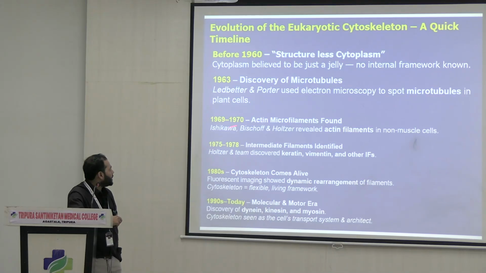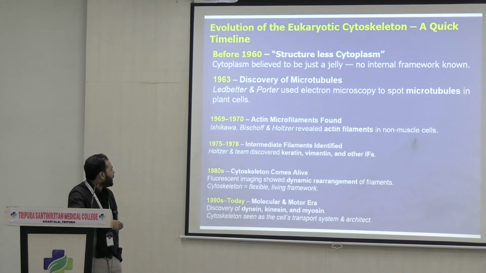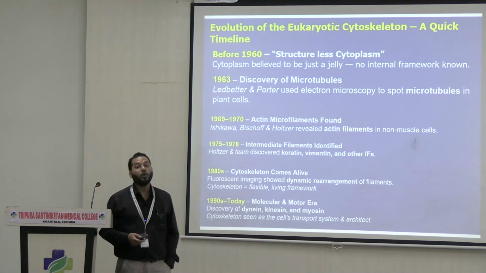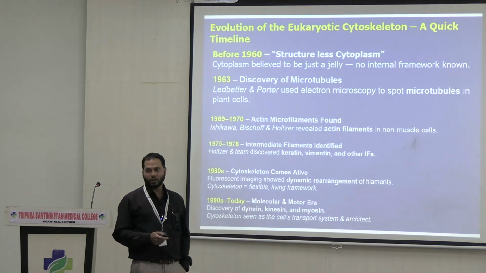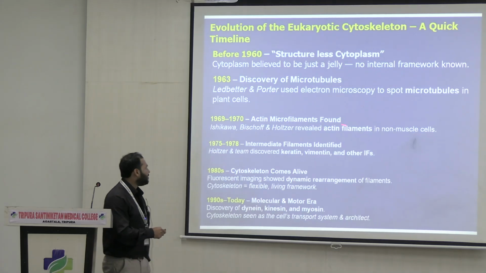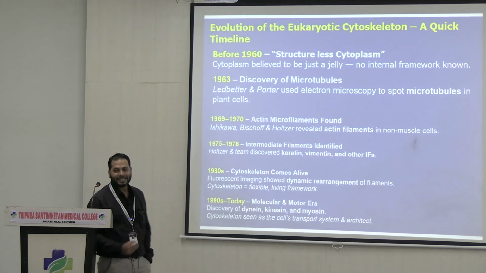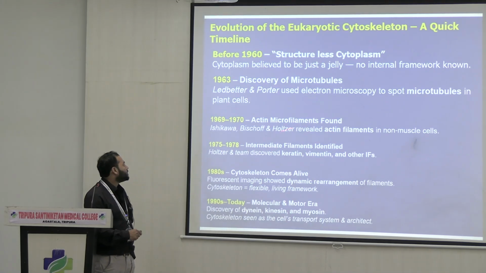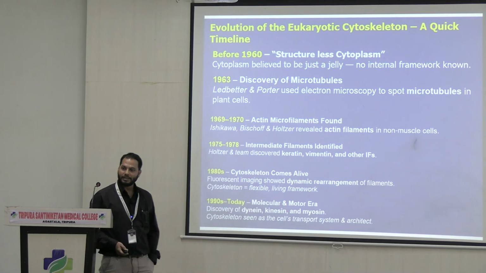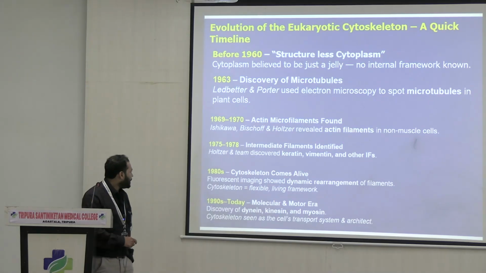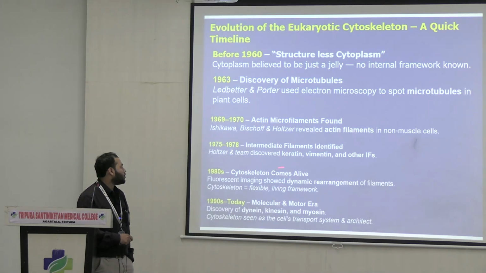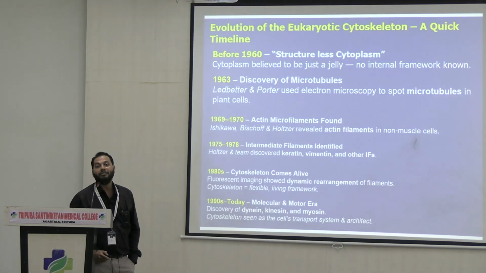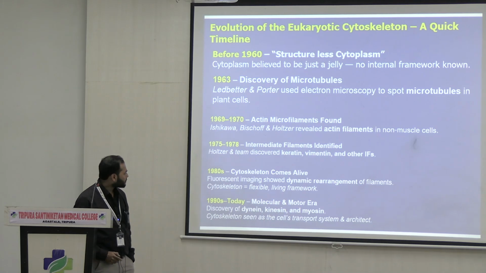After that, in 1969 to 1970, another group of researchers first revealed the actin filaments in non-muscle cells. In 1975, there was the discovery of intermediate filaments. In the 1980s, it came that the cytoskeleton behaves like a living part of the cell.